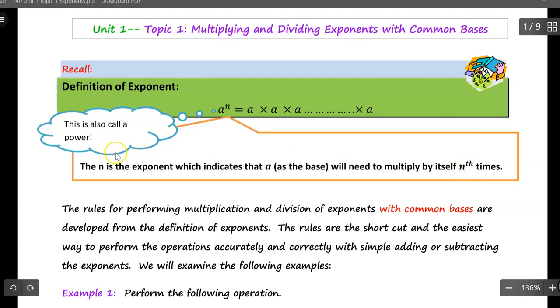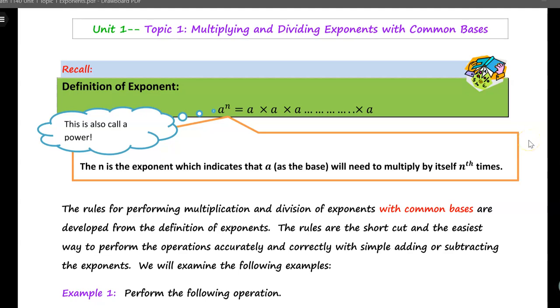If you have a base raised to an exponent, or a raised to a power, the whole thing is called the exponent or a power. But most of the time, they actually use the word exponent, so it's easier to remember.